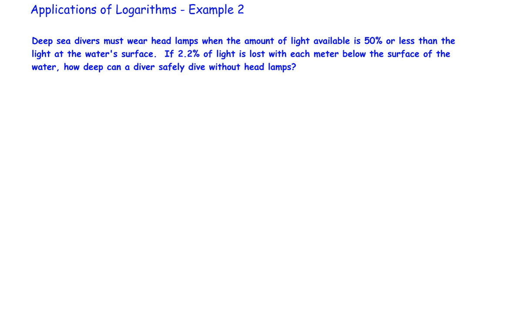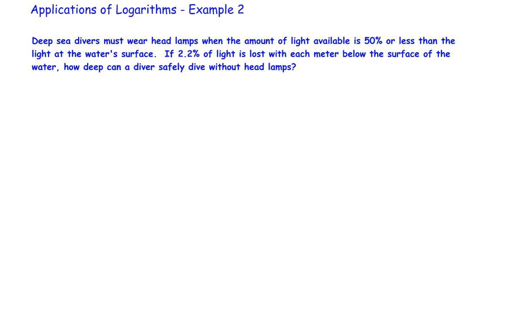Okay, in this next example, we have a case where deep sea divers must wear headlamps when the amount of light available is 50% of that you would find at the surface. Obviously, the deeper down you dive, the darker the water gets.